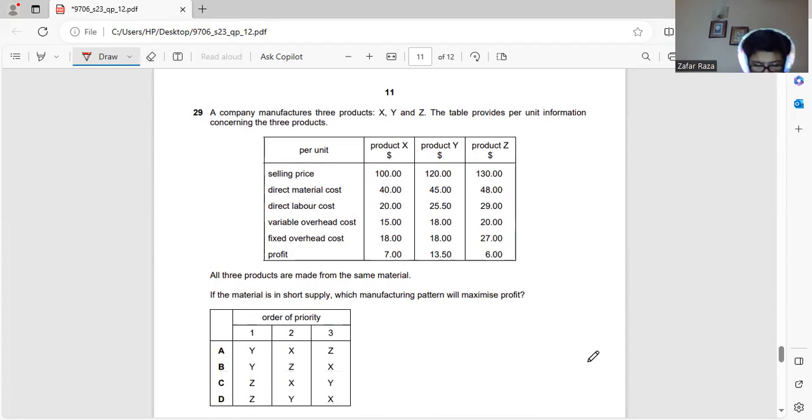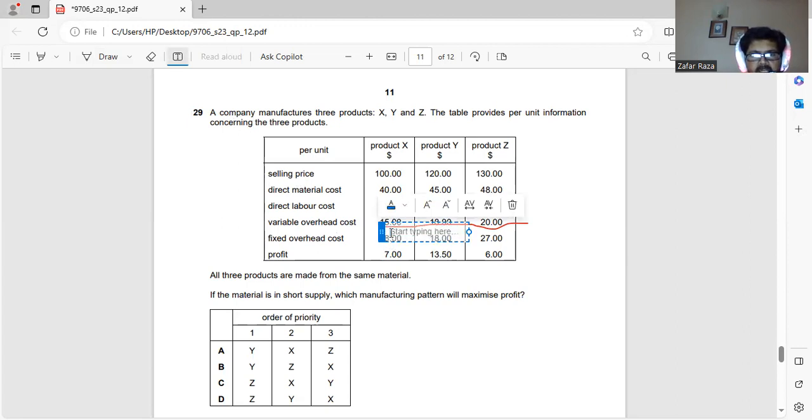Okay, question number 29. What we have to do? We have to calculate contribution per unit here. Contribution of each and every item. Every time I make a mistake. So what would be the contribution here?